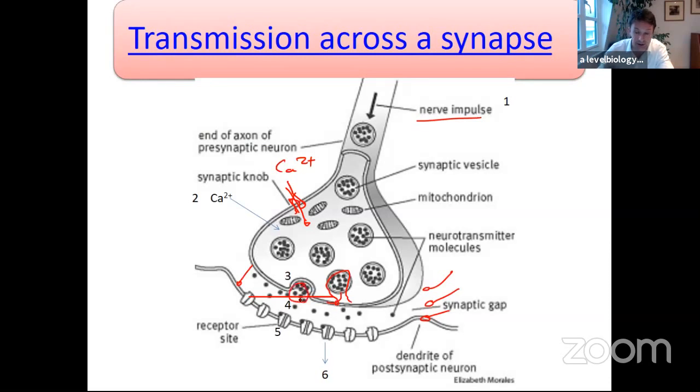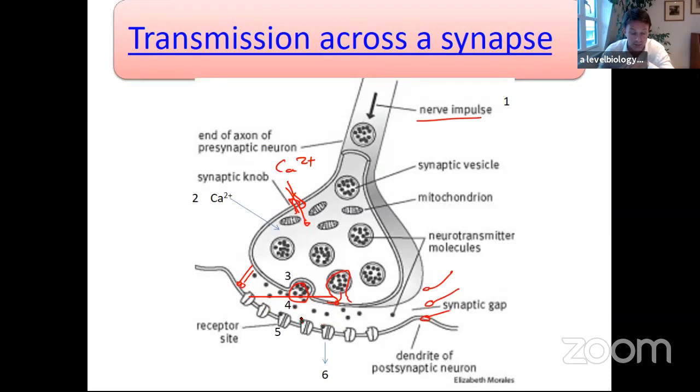That releases the neurotransmitter molecules into the synapse, and they diffuse across the very narrow gap and bind to specific receptors on the postsynaptic membrane.